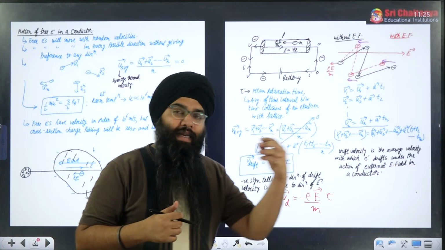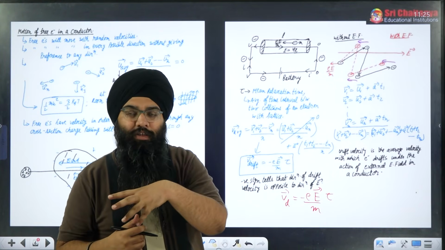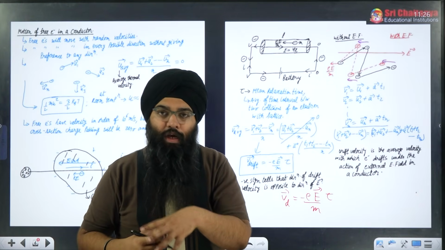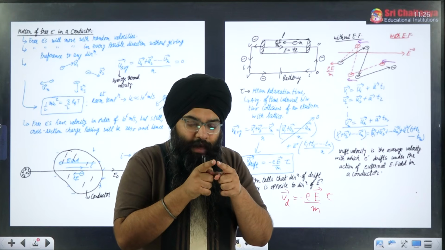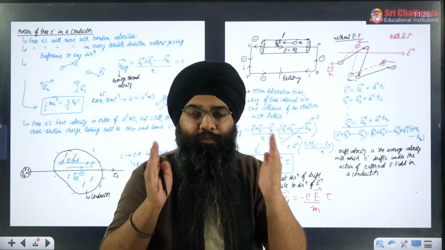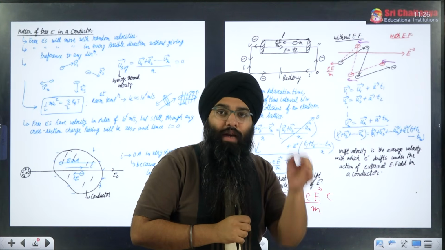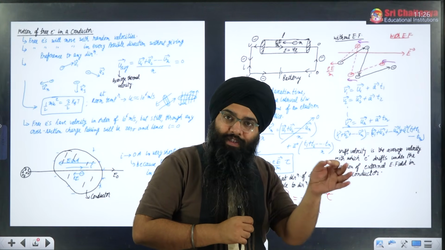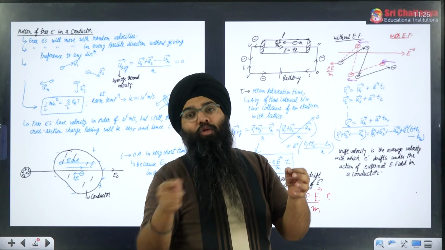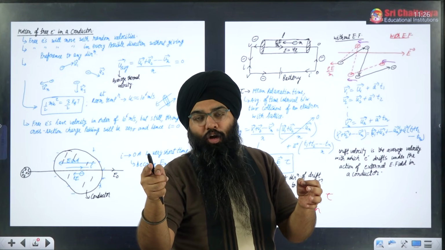But the electrons will collide with other electrons after some time, or they will collide with the ions of the metal or of the conductor. So average relaxation time is the time interval between two successive collisions. Suppose the electron collided at t equals 0 with some electron or ion, then after how much time will it again collide with another ion.